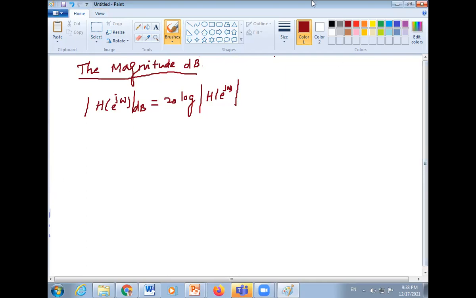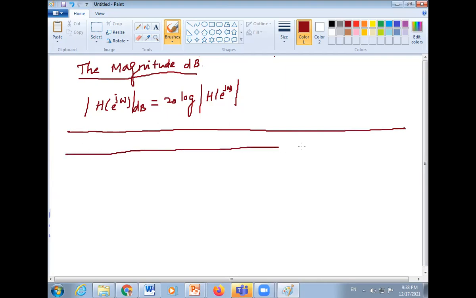And here, according to the table, we have to calculate the values, as I said during our PPT presentation. We have to calculate the values, and we have to plot this.